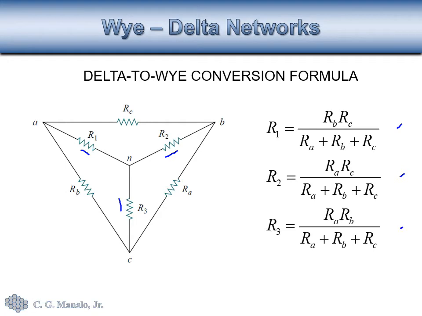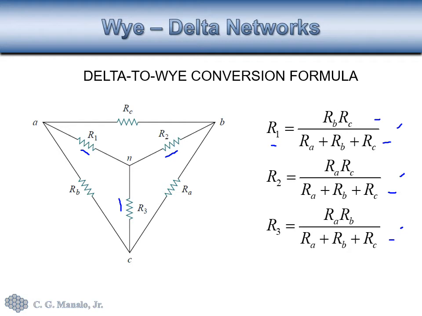So there is some pattern in the formula. For example, we will notice that the denominator is simply the sum of the resistances of the delta network, the network that we want to convert into a Y network, and then the numerator is the product of the resistances in the delta network that are adjacent to the resistance that we want to solve for.